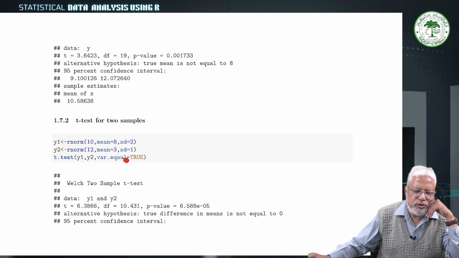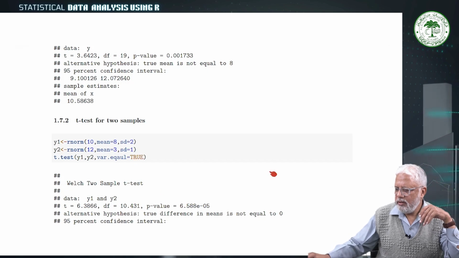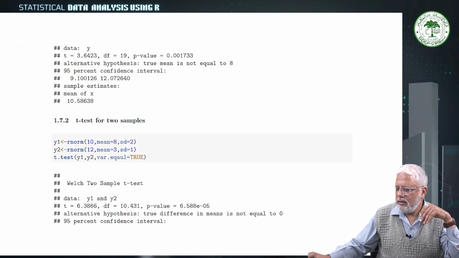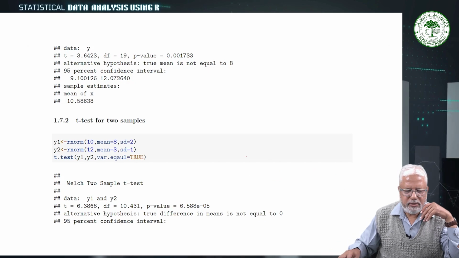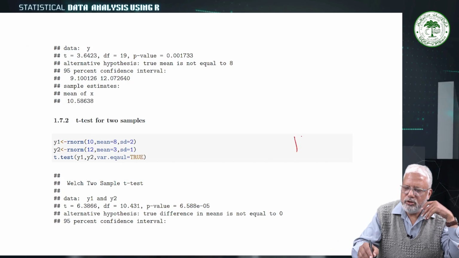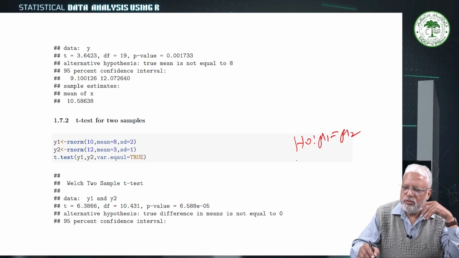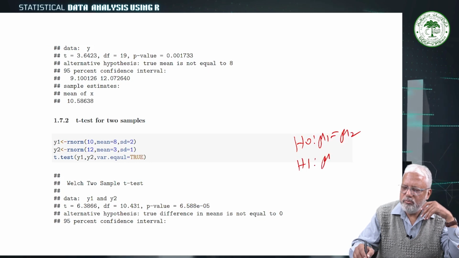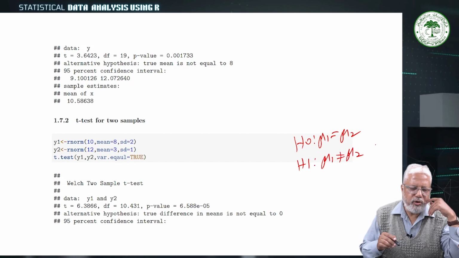var.equal equal to true means actually, because our H0 is mu1 equal to mu2 versus H1 mu1 not equal to mu2. But what about sigma square?